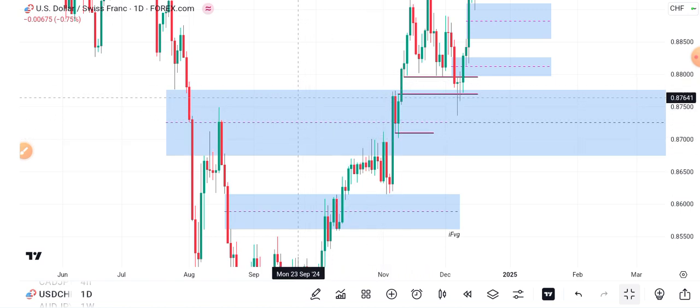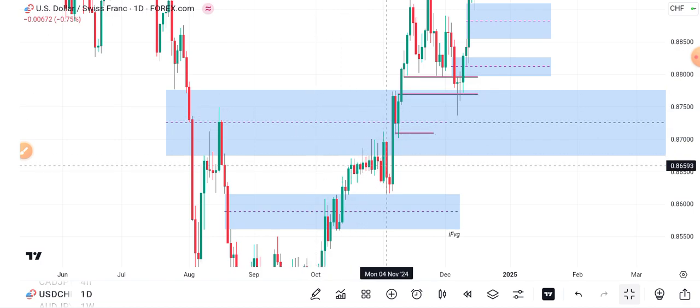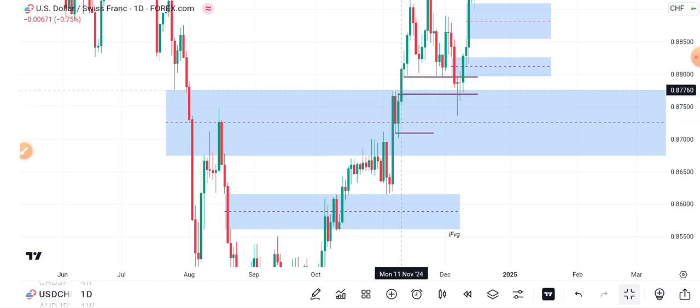This is a weekly fair value gap. Before the fair value gap was formed, okay, should I say, it has been formed, and price retraced into this fair value gap and then broke through the weekly fair value gap.